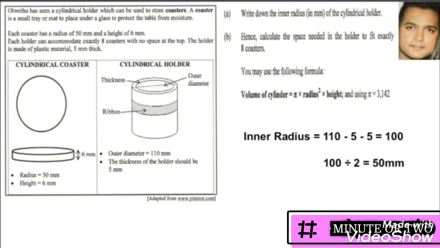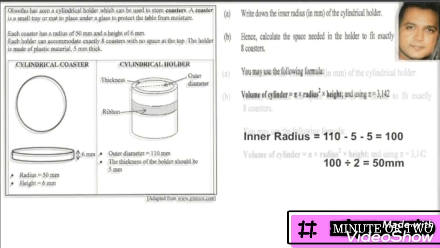Therefore we need to subtract these 2 5 millimeters, and we arrive at 100 millimeters. But remember now, this what we've worked out is the diameter of the inner part of the cylindrical holder. The question wants us to give them the radius. So we take this 100, we divide it by 2 because it's half the diameter, and we arrive at 50 millimeters.